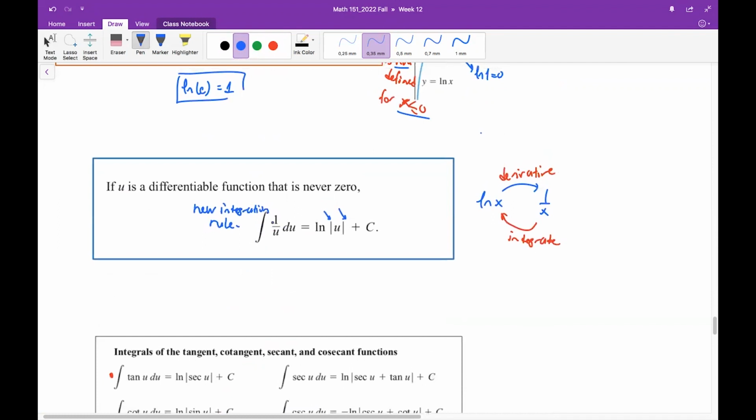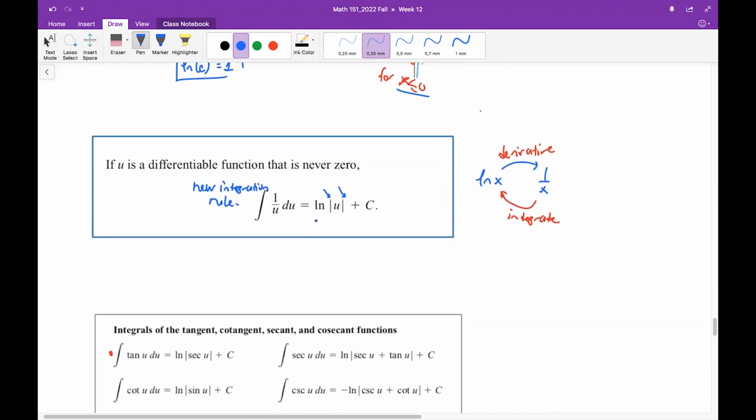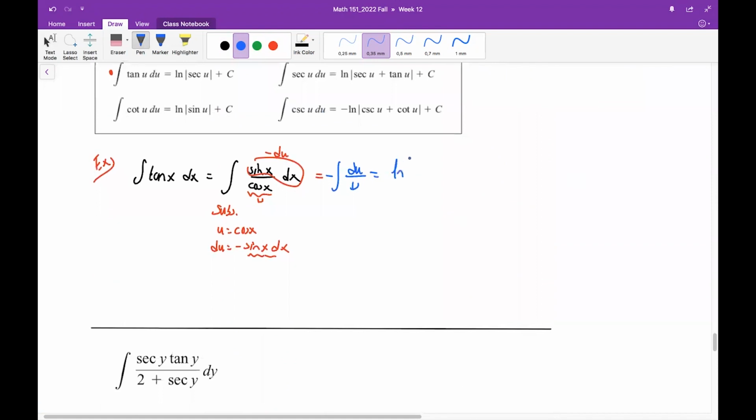Minus 1 of du over u is integrated as ln absolute value of u. There is a minus sign in front, and since this is an indefinite integral, I have to include this arbitrary constant c.